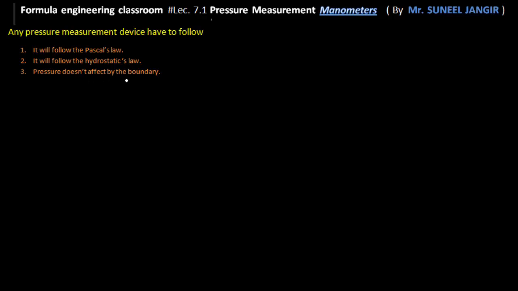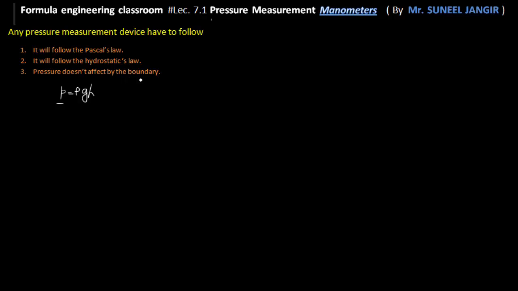So what is the sense of this term? In the last lecture we discussed the hydrostatic paradox, and we saw that the boundary of the container changes the pressure force exerted by the fluid, but that was the pressure force, not the pressure intensity, because according to the hydrostatic law we know P equals rho g h, and this pressure intensity has no effect of area.